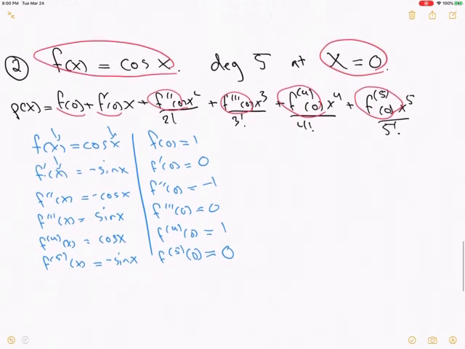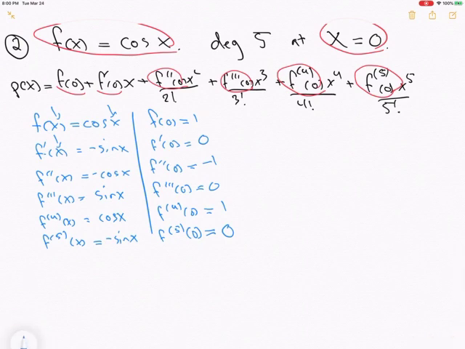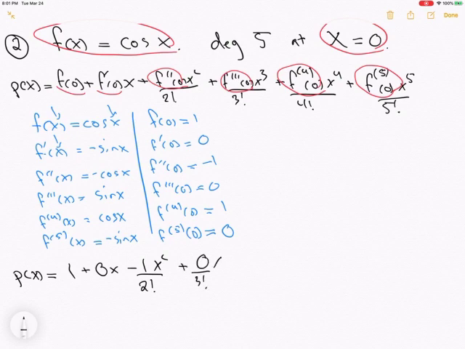Okay, so if we put that all together, then we can write out what we get. So just putting everything together, we see that this polynomial looks like 1, plus 0x, minus 1 x squared over 2 factorial plus 0 over 3 factorial x cubed plus 1 x to the 4 over 4 factorial minus 0 x to the 5 over 5 factorial.